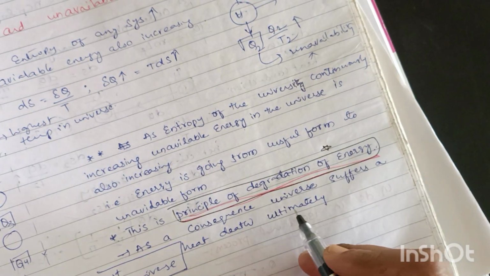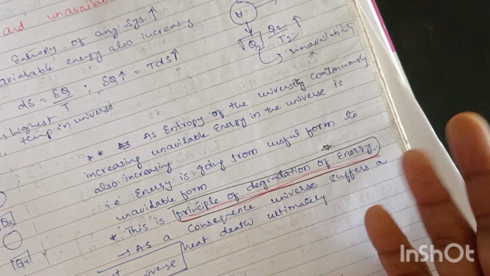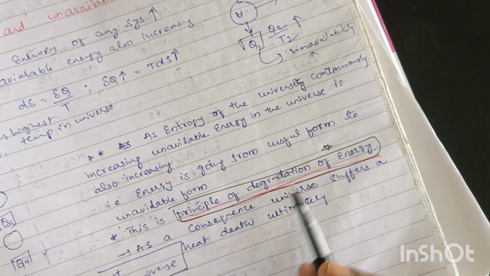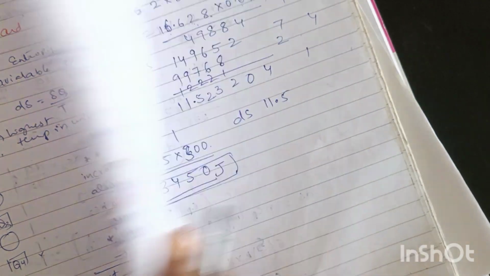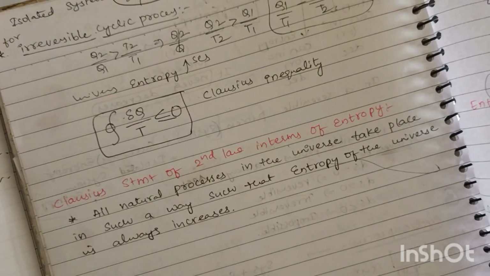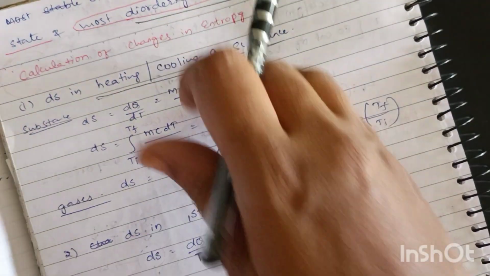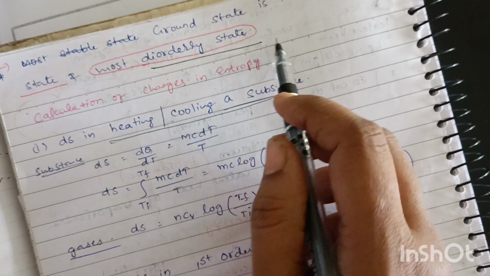As a consequence, the universe suffers a heat death ultimately. Okay, so this is about entropy and unavailability. The ground state is the most stable state and the most disorderly state also.